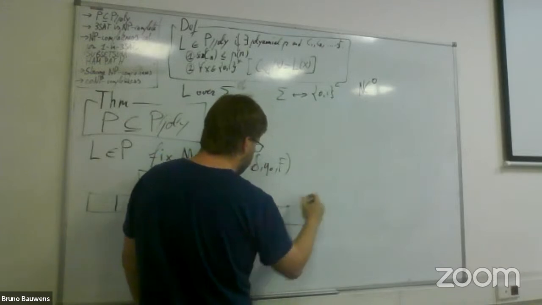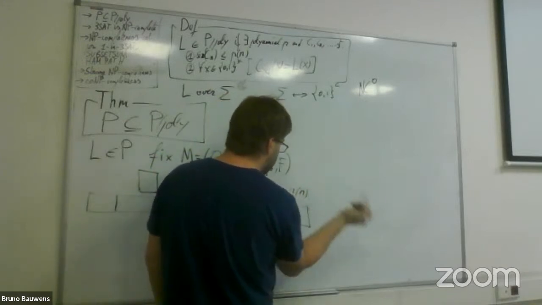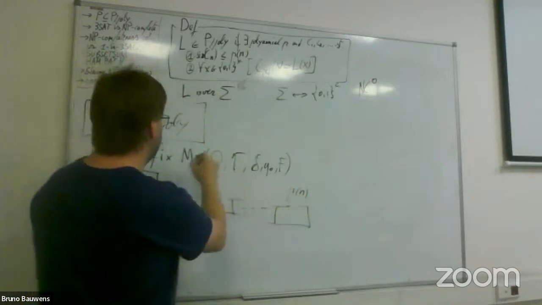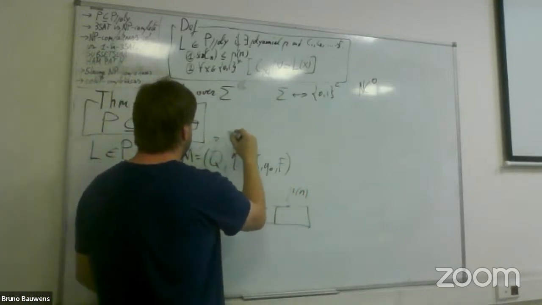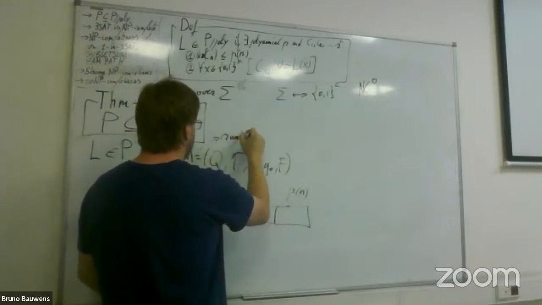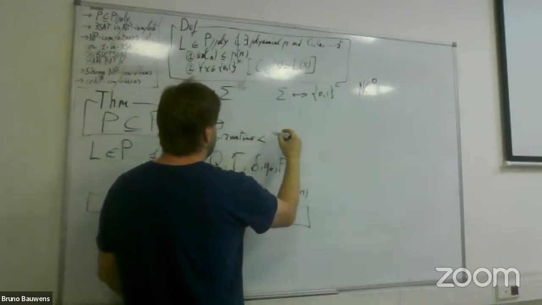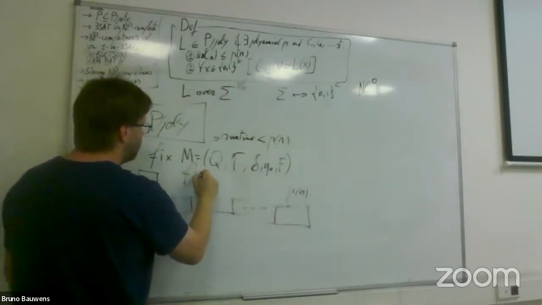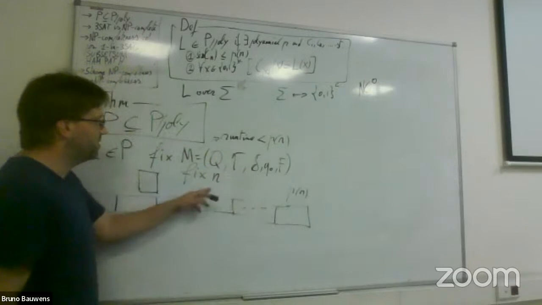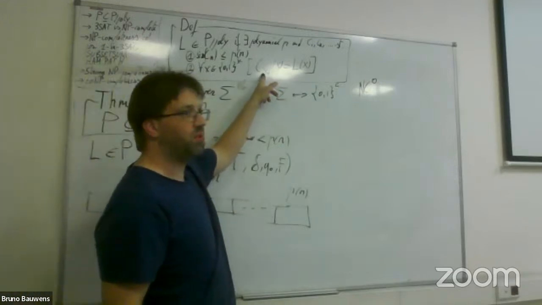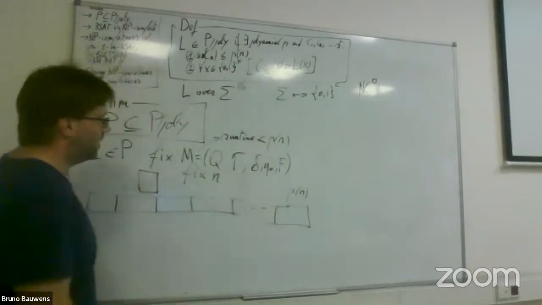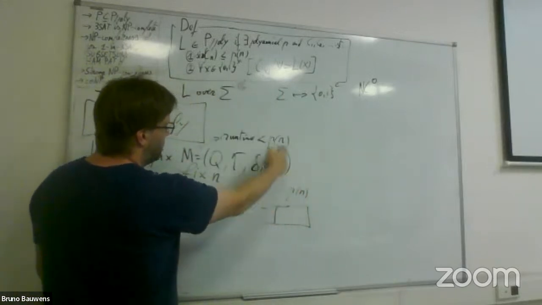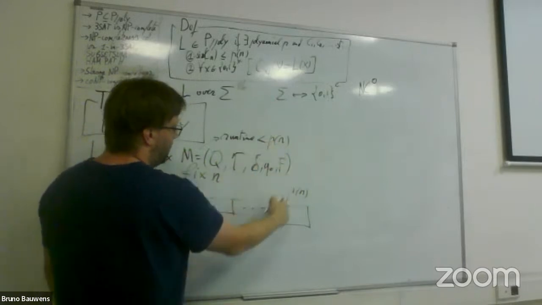We only need to consider P of n cells, because let's say the runtime is strictly less than P of n. So we fix an input length n, because we need to build a circuit for each input length. Here we consider P of n, so the runtime is at most P of n minus 1.